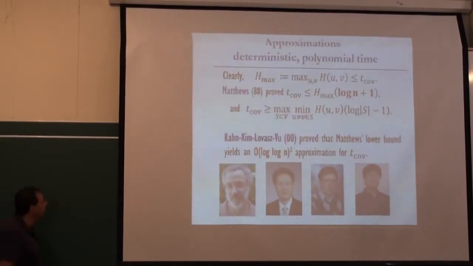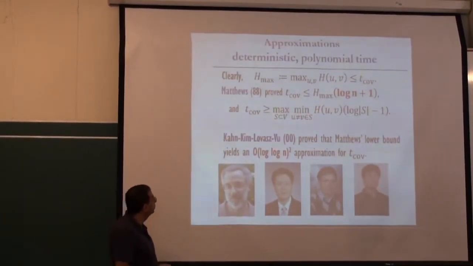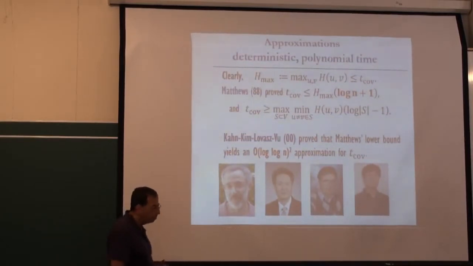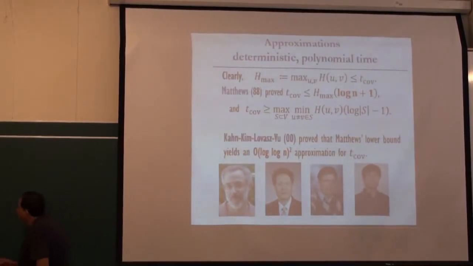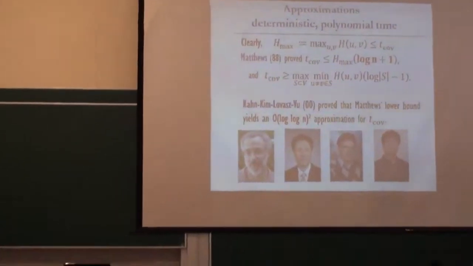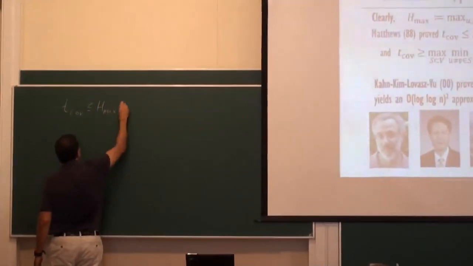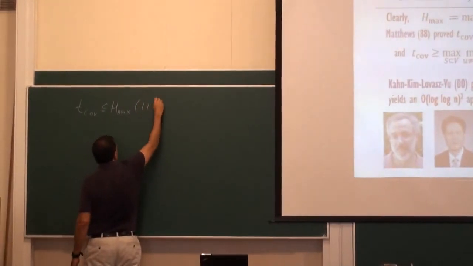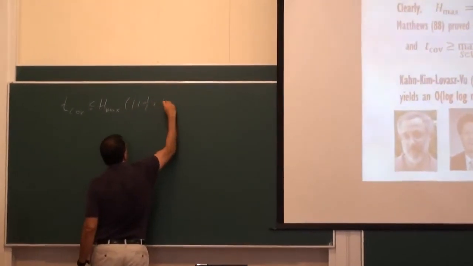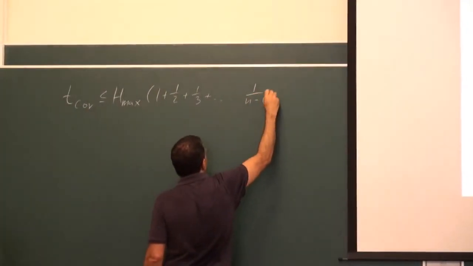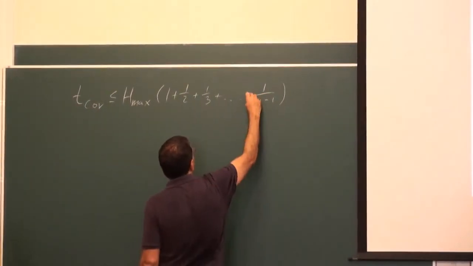And it's still very nice because it involves an additional randomization. So again, the statement is that the cover time is upper bounded by the maximal hitting time, actually times a harmonic series like that.